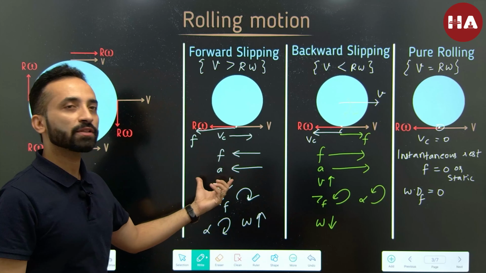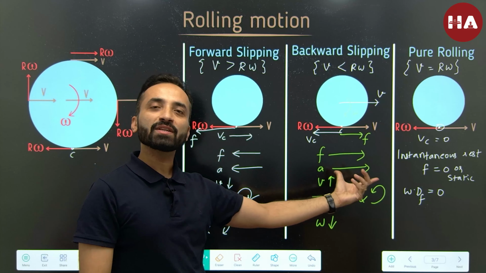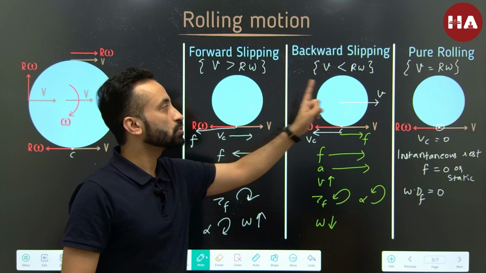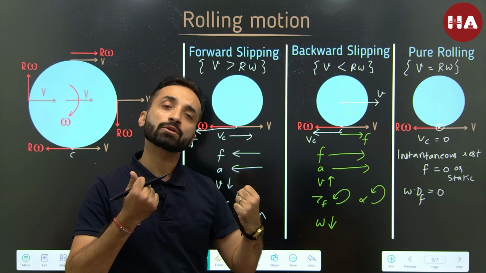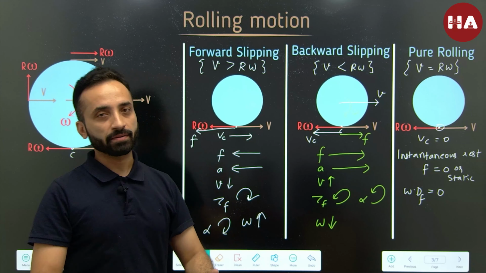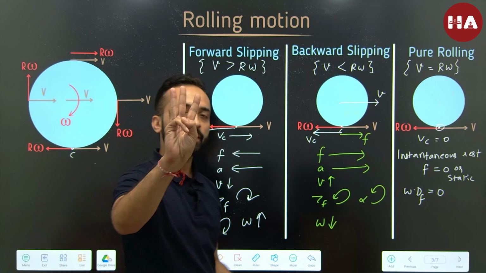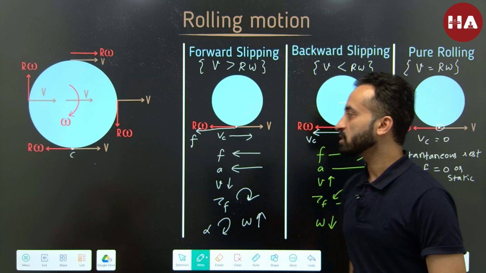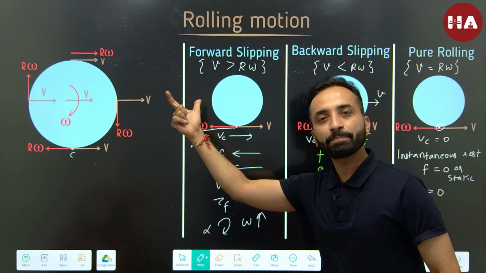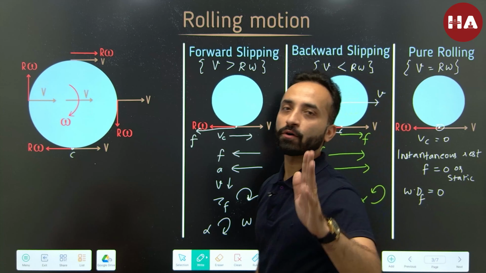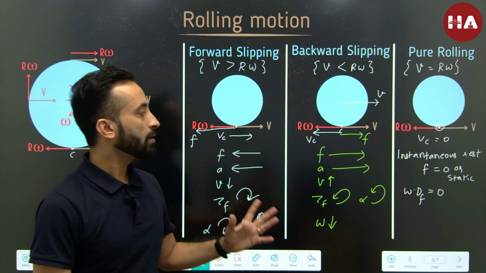So if you start with forward slipping or you start with backward slipping, in both the cases, friction will convert this to pure rolling. And if it's a good amount of friction, then this stage will convert to pure rolling even earlier. Keep in mind, again I am repeating, that there are three possible cases of rolling: forward slipping, backward slipping and pure rolling.